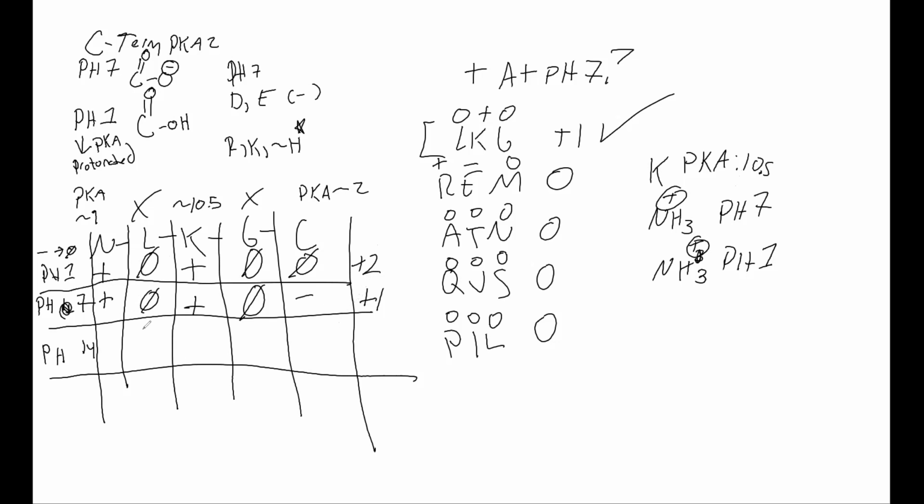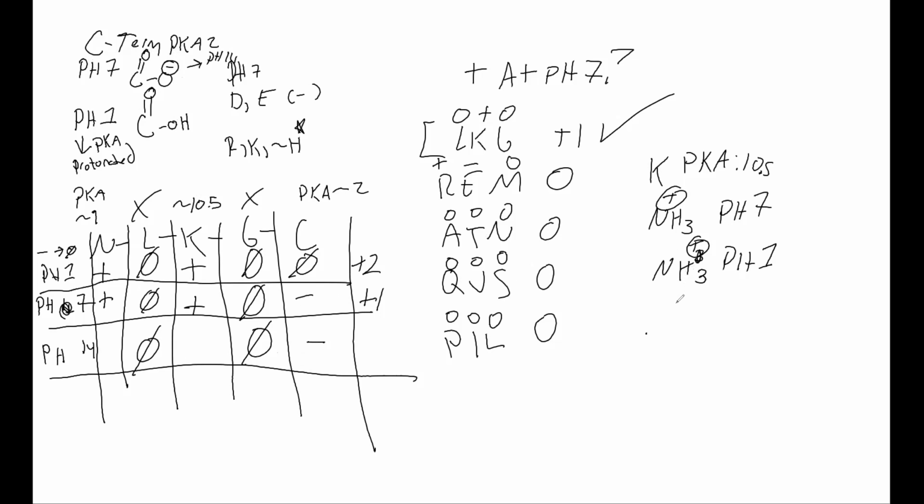Now let's go to a pH of 14. Leucine, no pKa, doesn't change. Glycine, no pKa, doesn't change. The C-terminus: like we were saying, the C-terminus is negatively charged at a pH of 7. So going to a pH of 14, we're still above the pKa of 2, so it doesn't change. It's still negatively charged.